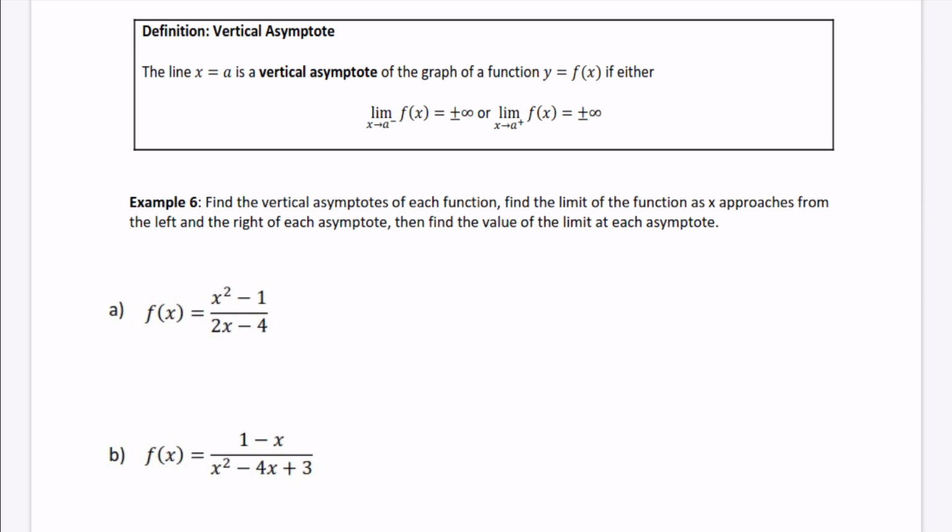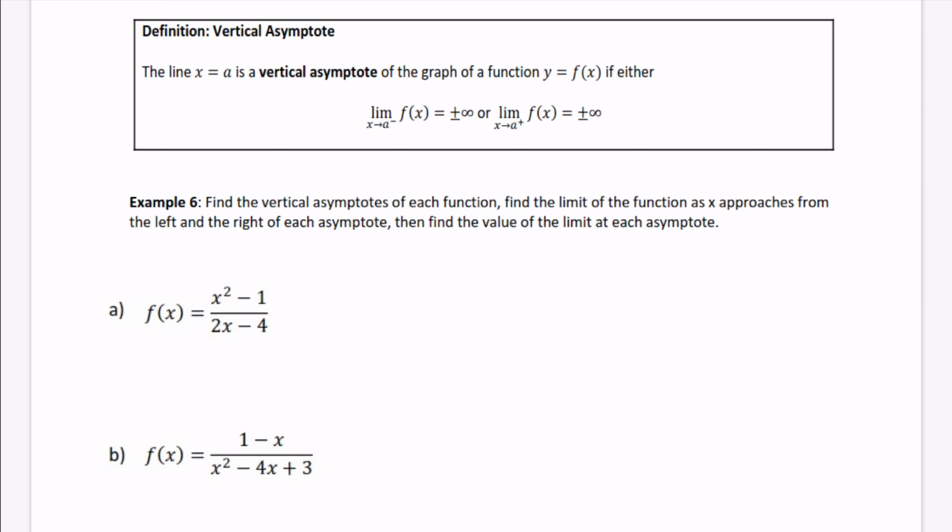Another way of looking at it is if you have a rational function. I'll give you a simple trick to just look at this function and be able to know whether you have a vertical asymptote at this point. It's simple.